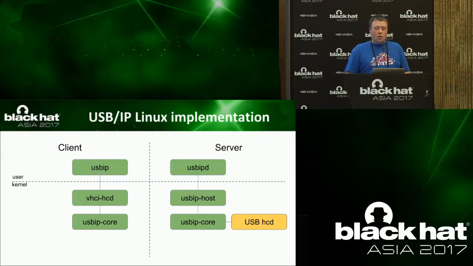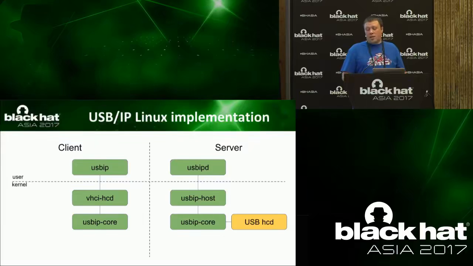On the client side, you have the USB IP client utility in user space, and again two kernel modules. One is again USB IP core, and one is the virtual host controller interface, a virtual USB host controller. USB IP core is a part of shared code between client and server, so you can think of it as a kernel-level library. I'm not sure why it's implemented in a separate module, but that's how it works.